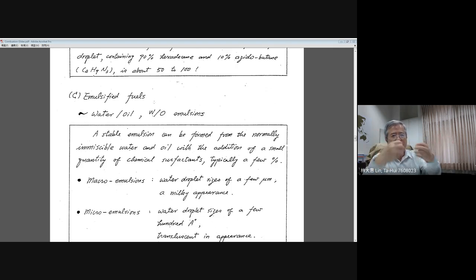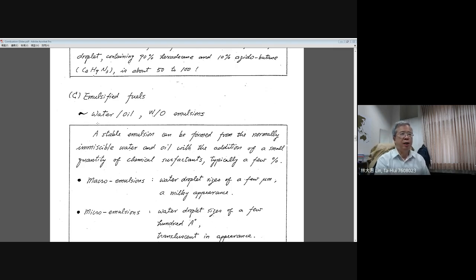Then some nitrogen atoms are released, and they will meet oxygen atoms and produce the so-called NO. This is the cause of thermal NO, basically the temperature being too high. So we mix water with oil. When you bring this emulsified fuel into your combustion chamber, the water will absorb heat and try to keep the local temperature as low as possible, lower than 2000 K. Then you can prevent the production of thermal NO.